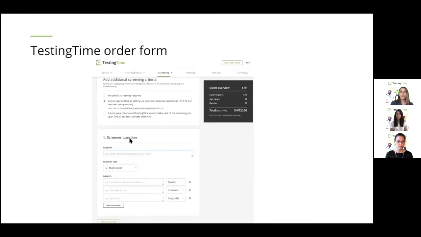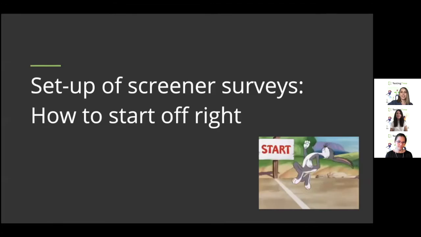One of the options is to define your own screener questions, and this is what you see when you select that option. I hope this helps as a warm-up to the session. And now I'm back to Celine.